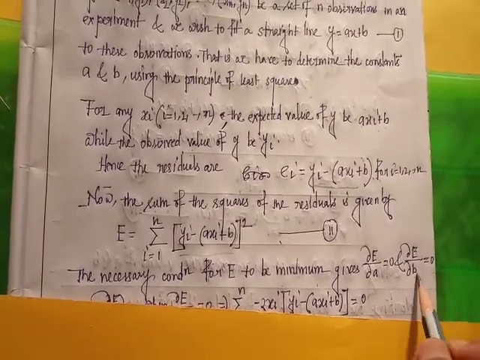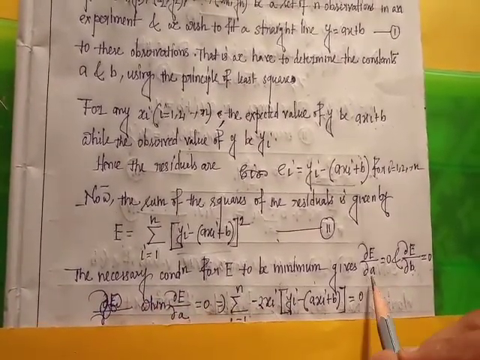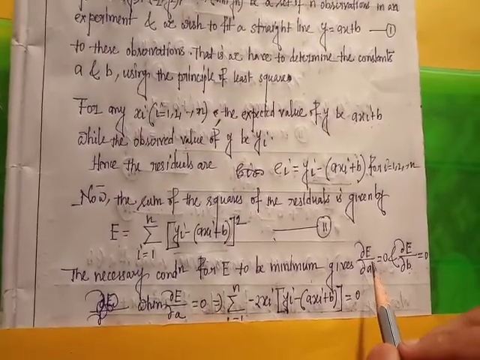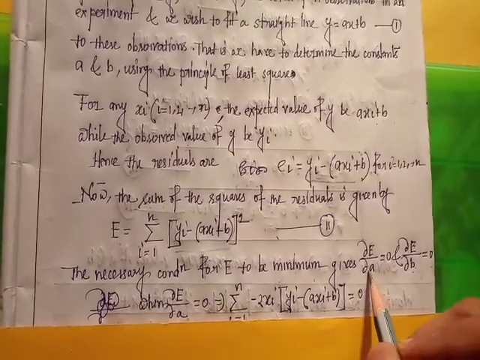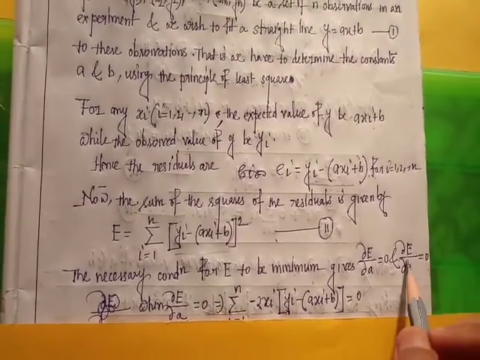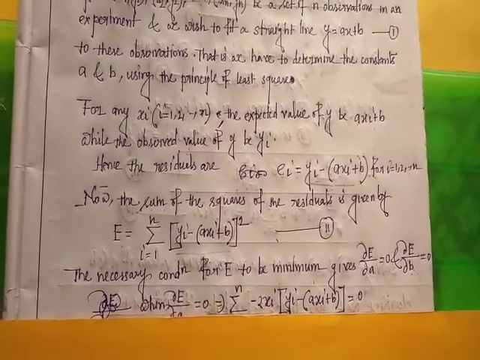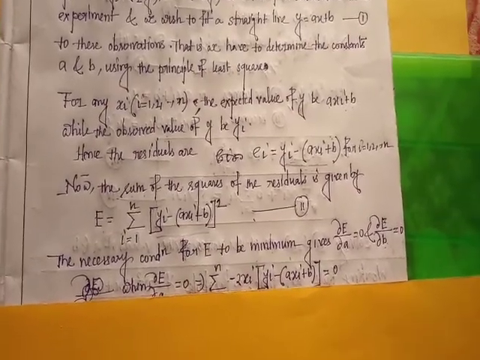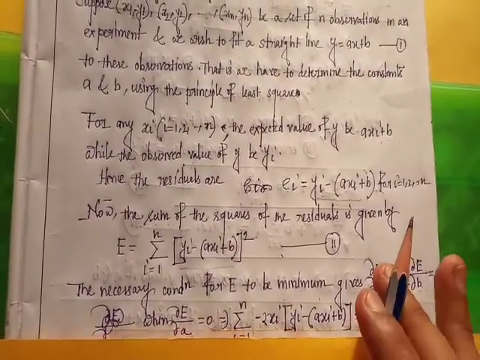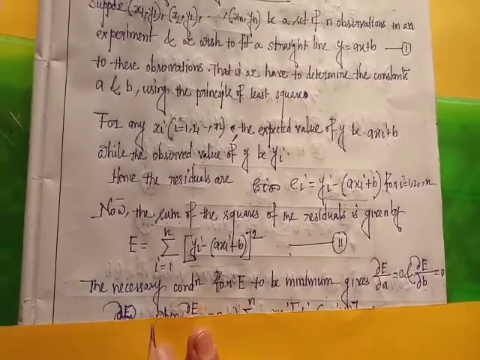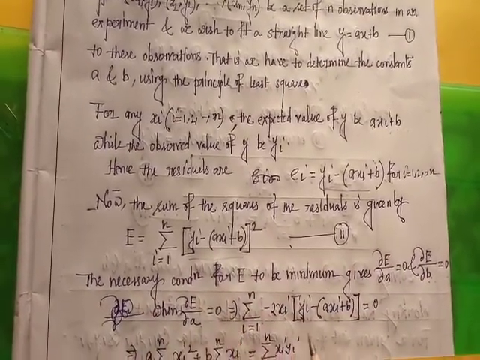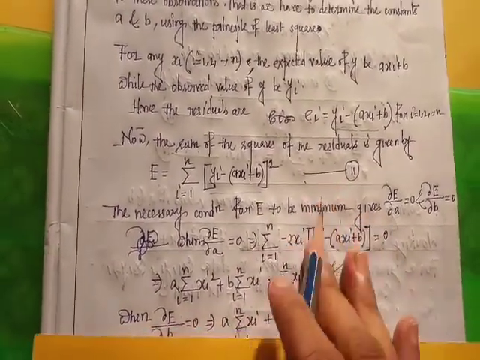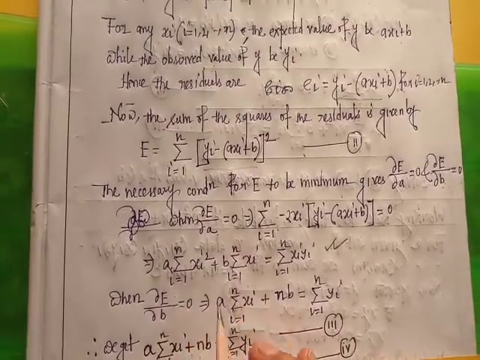This is partial derivative: del E by del a means partial derivative of E with respect to a, and del E by del b means partial derivative of E with respect to b. So del E by del a equal to 0 gives this equation, and del E by del b equal to 0 gives this equation.